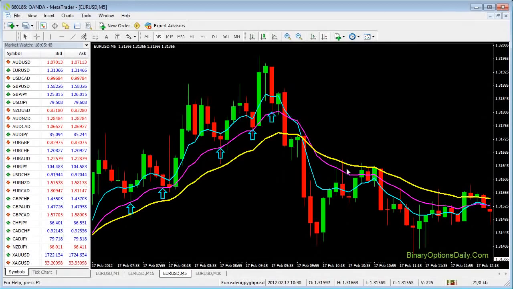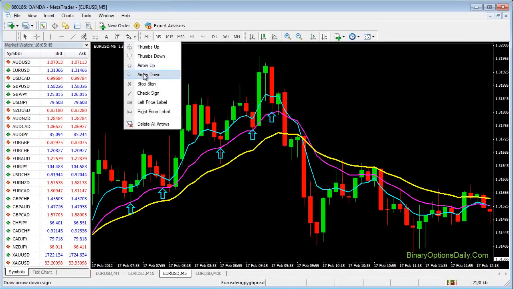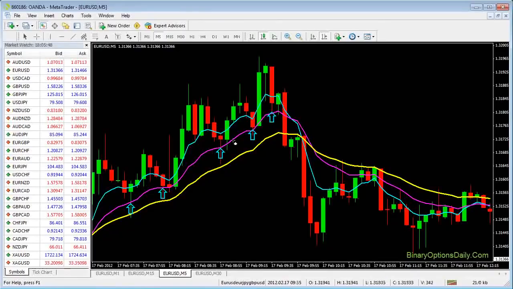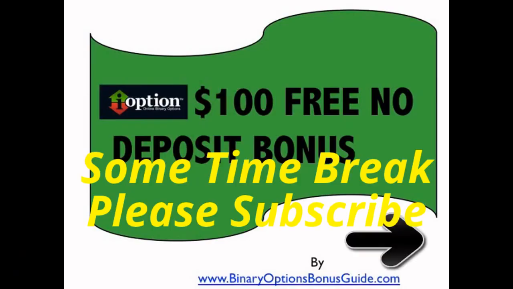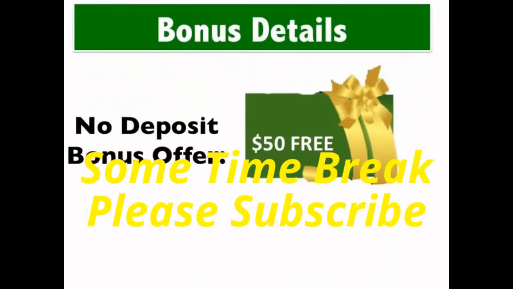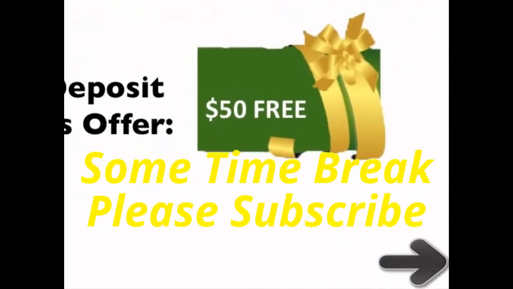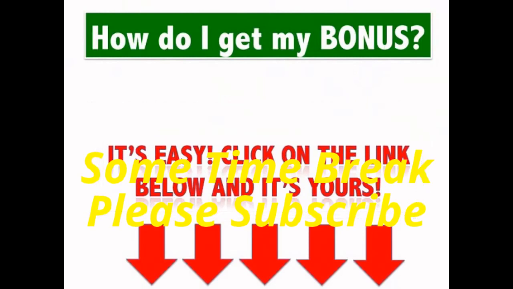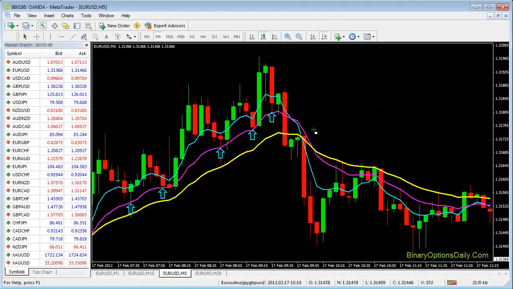So instead of the 6-period moving average being on top, we're actually seeing the 14-period moving average being on top. And to me, that signals that we've got a downward trend going on, especially with the 26-period moving average being on top. Exactly the opposite of what was happening over here.